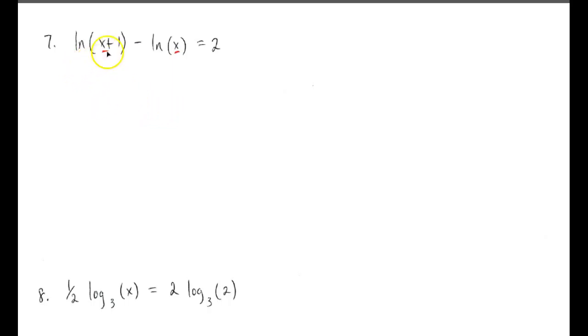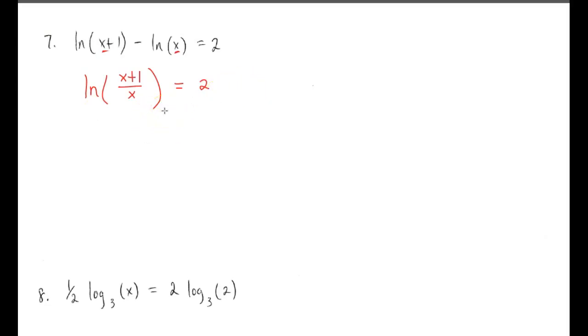So the first thing that we notice here is that we have natural log of something minus natural log of something else. So we could rewrite this as natural log of x plus 1 divided by x all over 2. And here at this point, there's a couple of different ways we can do this.